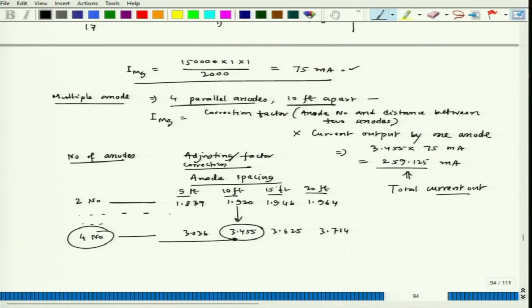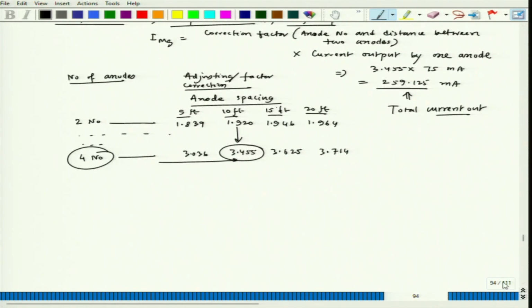All those resistance factors would come up. So it is not exactly the current given by one anode multiplied by the number of anodes to find the total current output. There should be a correction factor because of those variations in resistance, dimensions, shapes, all those factors. We do not get into those complications. This is a simplified way of looking at it.